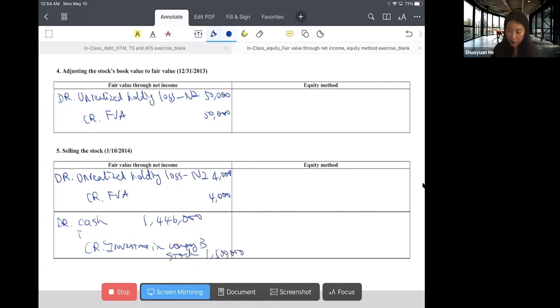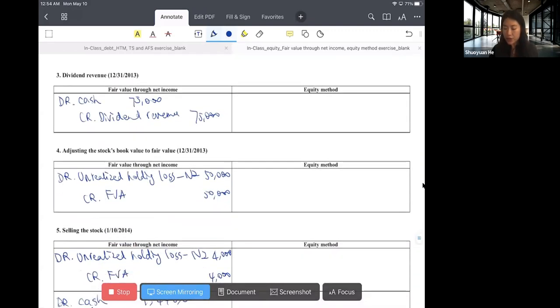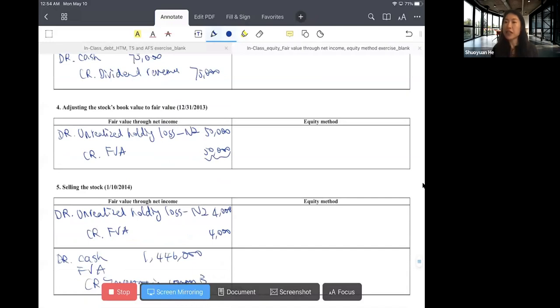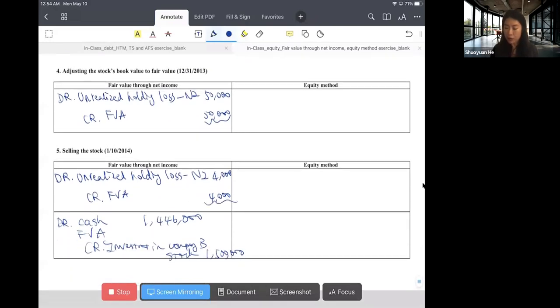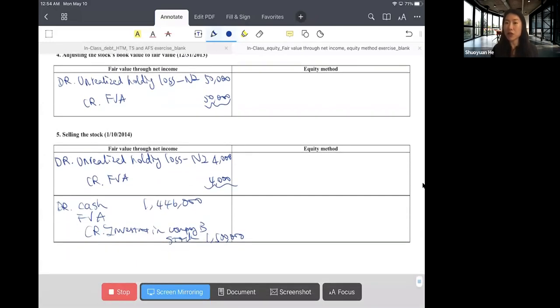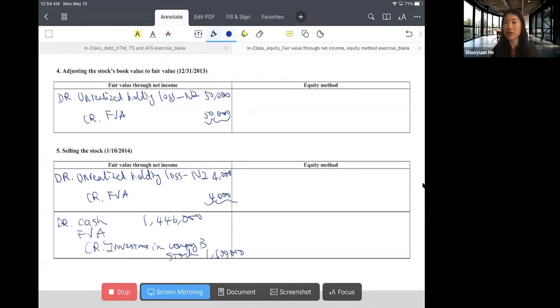Another related account is fair value adjustment. It was originally adjusted for 50,000, and then adjusted again for 4,000, so the total adjustment is 54,000. The balance is on the credit side, so in order to reverse it, we need to debit fair value adjustment for 54,000. So those are all of the journal entries if we're using the fair value through net income method.